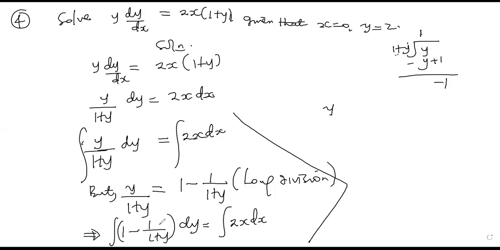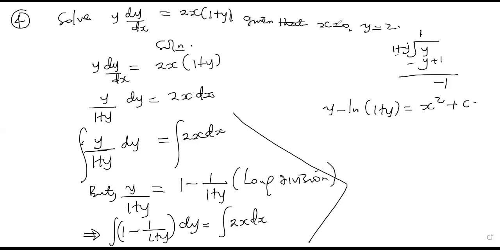And when you integrate 1 over 1 plus y, if there isn't this negative, it would be ln of 1 plus y, but because of this negative, it will be minus ln of 1 plus y is equal to, when you integrate 2x, you get 2x squared over 2, which is the same as x squared, then plus a constant c.